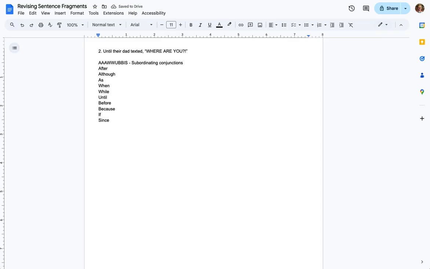Knowing these words and having them memorized is really helpful for recognizing them in sentences. It allows you to more effectively recognize when you've got a dependent clause, which this example, until their dad texted, "Where are you?" is. It starts with until. That means that this is not a complete sentence.